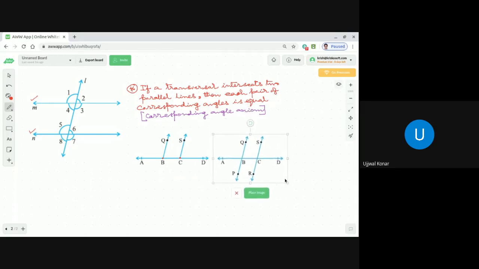As you see here, dear students, we have produced QB and SC on the other side of AD to form two lines PQ and RS, as you see in the diagram. Now you may observe that the two lines do not intersect each other.